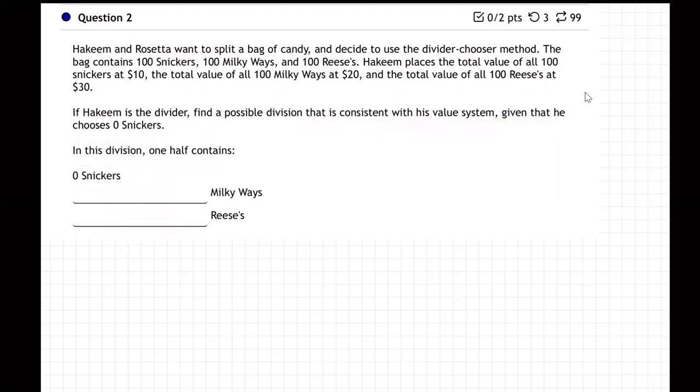Okay, so what's going on here? Hakeem, first off, is the divider. Remember, in the divider chooser method, the divider always cuts into 2 groups.